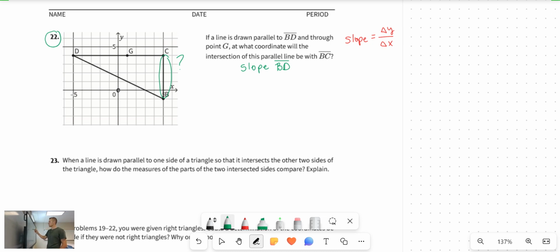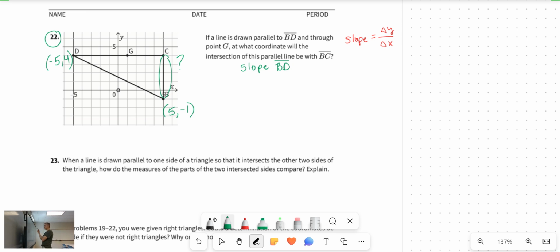So from there, it looks like D is at (-5, 4), and point B is at (5, -1). So those are our points.